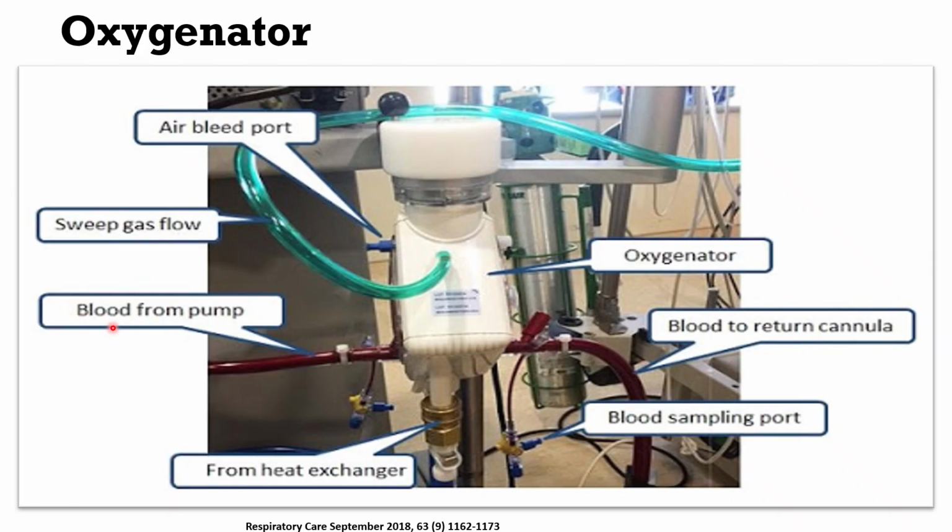From here the blood from the pump enters the oxygenator, where the oxygenator acts as the lung and the alveoli of the lung, and the blood will come out through here, going to the return cannula. From below, it is connected to the heat exchanger. The heat exchanger has water that warms the blood inside the oxygenator to avoid cold blood entering the patient and causing hypothermia.